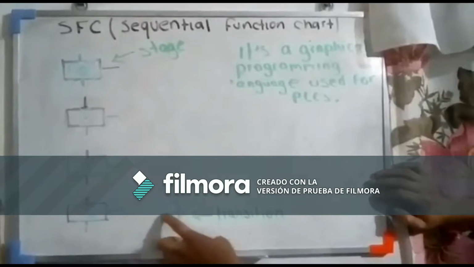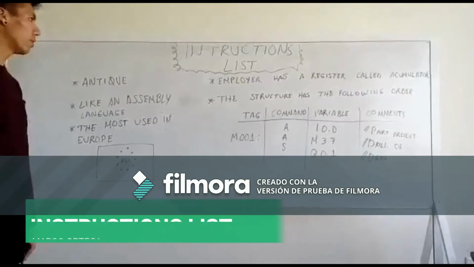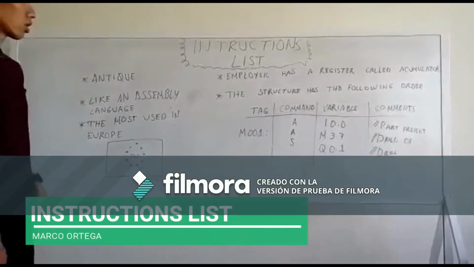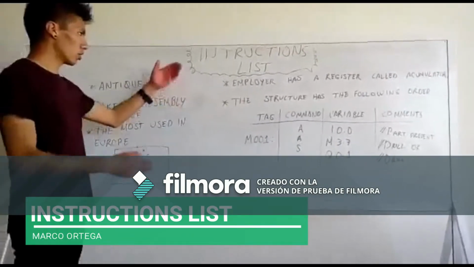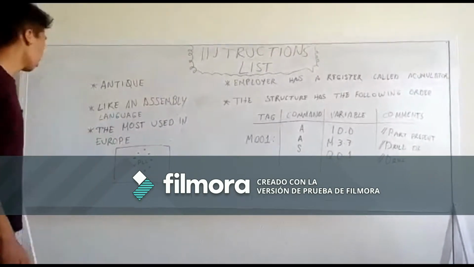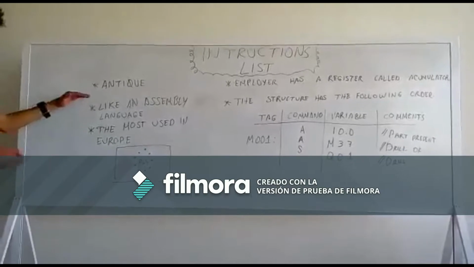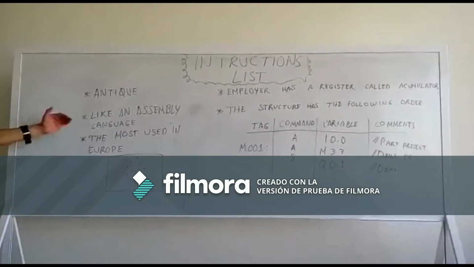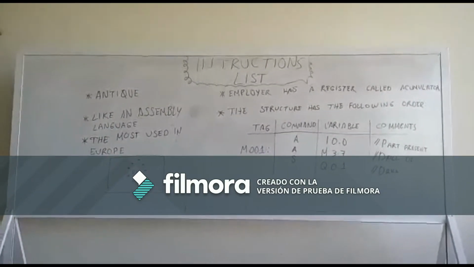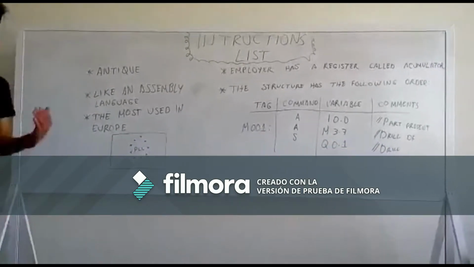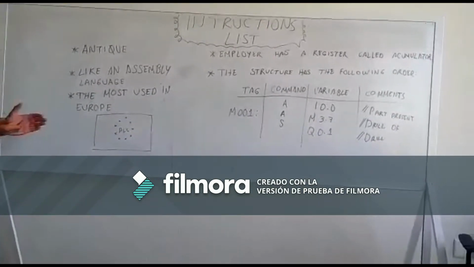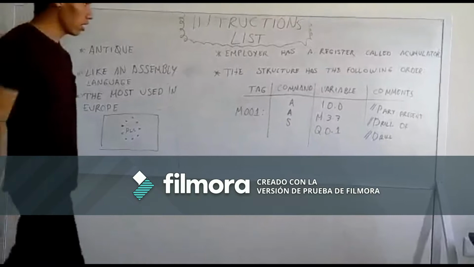Here we have timers or sensors. Well, at this time I'm going to explain the instruction list language. This language is the most antique and is like assembly language. It's the most used in Europe because it is very easy and compact.